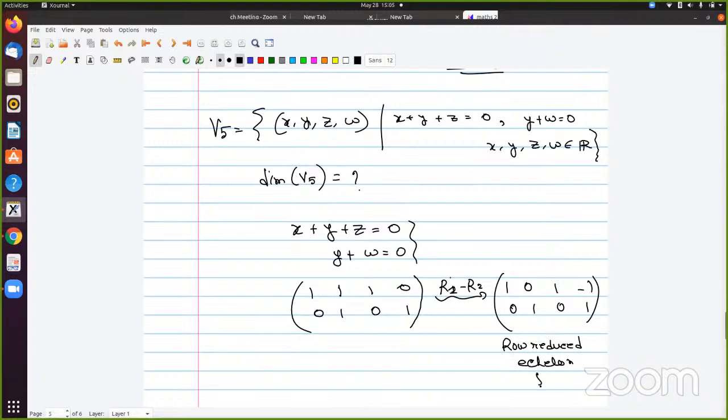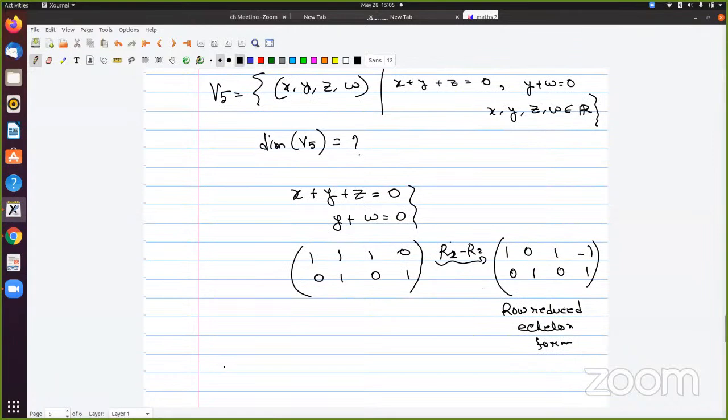So I am transforming the given condition into something else. This is X, this is Y, Z, W. So X plus Z minus W equal to 0 and Y plus W equal to 0.